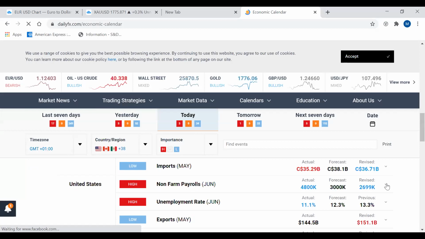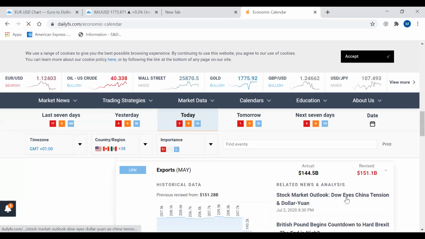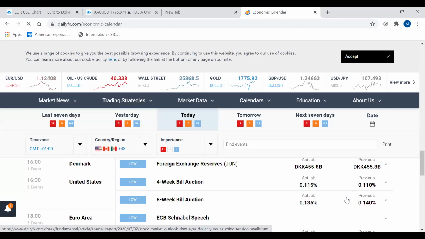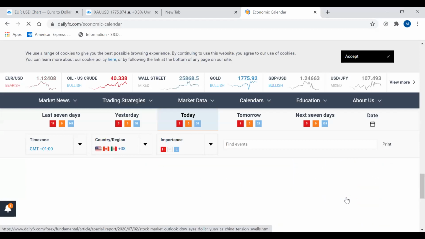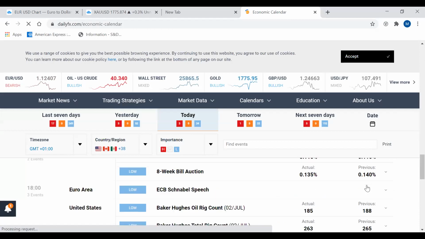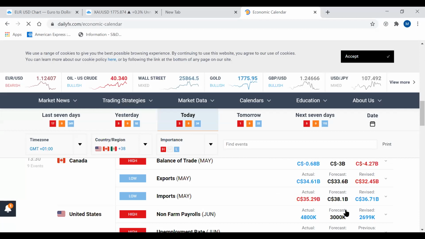So here you can see it gives you an actual, oh yeah. Come on. It gives you the forecast rate, the actual and revised rate.